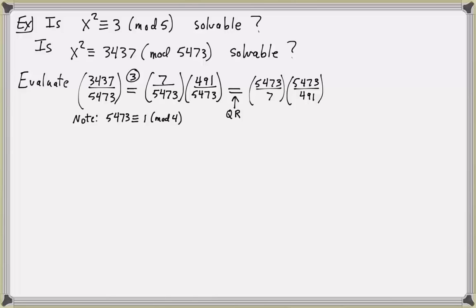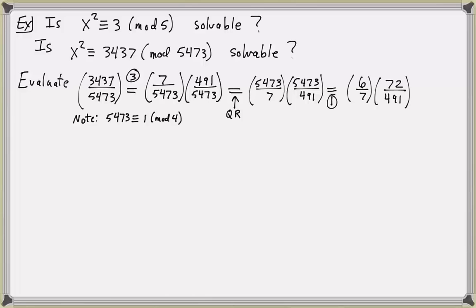And now I'm going to reduce 5,473 mod the second entry. This is property 1. So 5,473 is actually congruent to 6 mod 7. And 5,473 is 72 mod 491. So I can replace the Legendre symbols with these, 6 over 7 and 72 over 491.